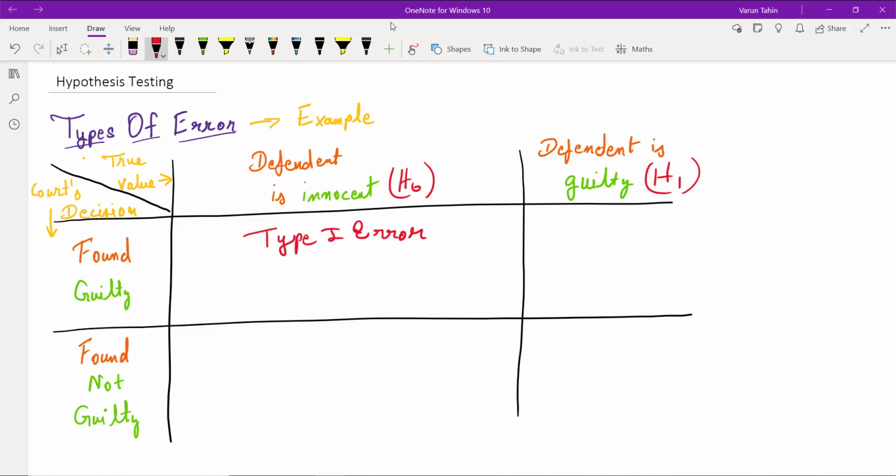And when the true value is that the defendant is guilty and we fail to reject the null hypothesis, that is, we are saying that the null hypothesis is true and we are giving a verdict of the person not found guilty, then this will be a type 2 error, and the rest become correct decisions.